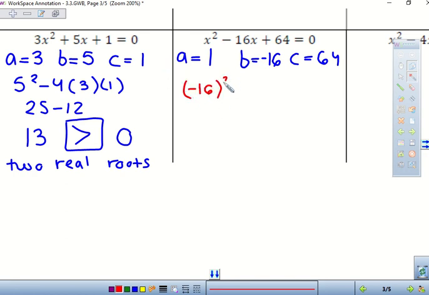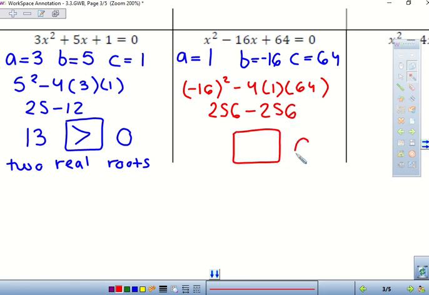Negative 16 squared minus 4 times A times C. That gives me 256 minus 256, right? So what is 256 minus 256? So how does 0 compare to 0? Which means I have how many roots? 1 real root.